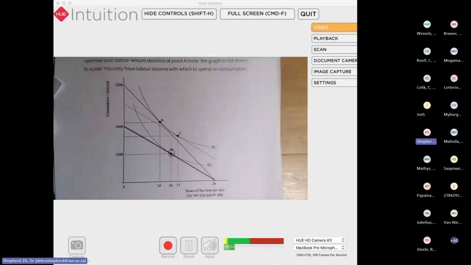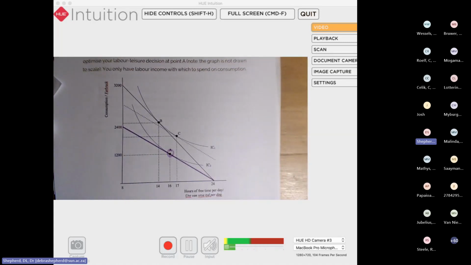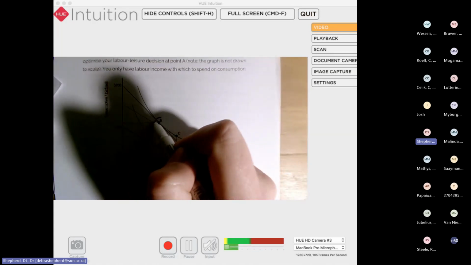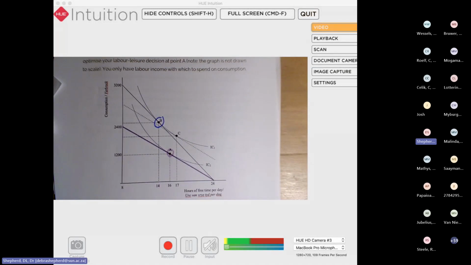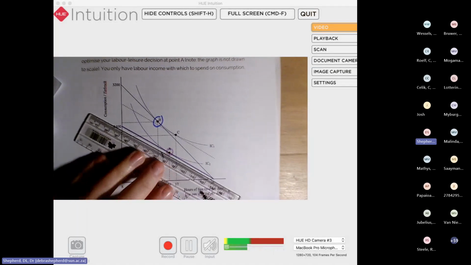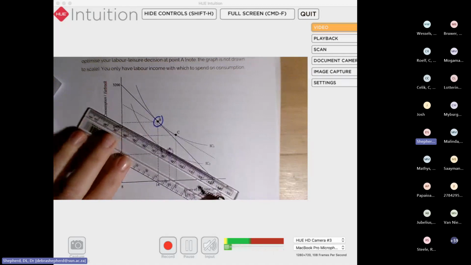Your employer is impressed with the quality of your work and decides to increase your hourly wage to 200. This takes you to a new optimal point B. So now we're at point B, and we can see that because of the higher wage rate, the budget line swivels outwards.